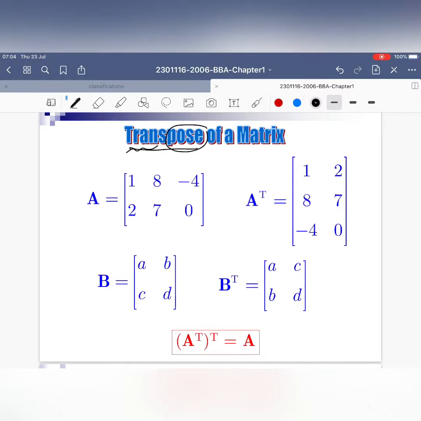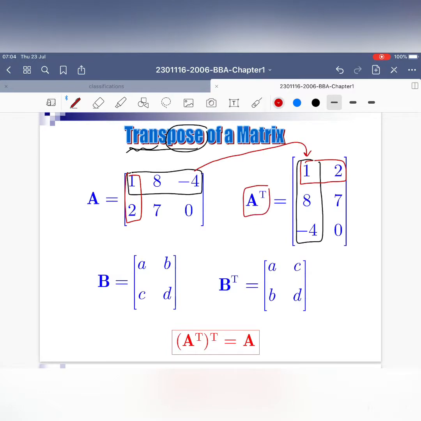So here you change the position of your matrix by simply changing the rows into columns and the columns into rows. You know what I'm saying? So the whole row becomes a column of A transpose, and you use a superscript capital T to indicate that you do a transpose.